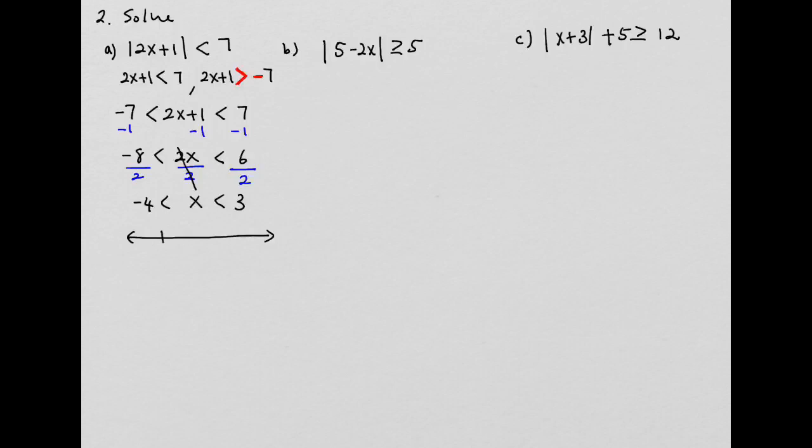And always the smaller number on the left, the larger number on the right. It says x is smaller than 3, which is on the left side of the 3. X is greater than negative 4, on the right side of negative 4, which is in the middle of those two numbers. The middle part.